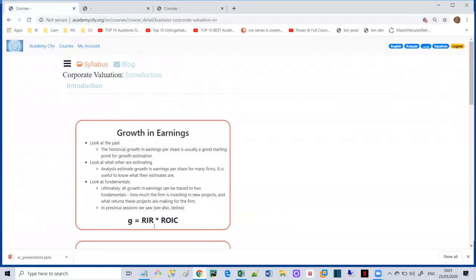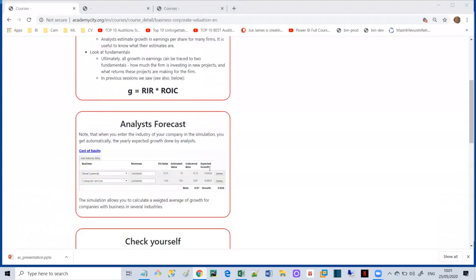It's exactly the same thing as G over ROIC equals RIR, or G equals reinvestment rate times return on invested capital. That's just a quick catch-up of what we did last time.